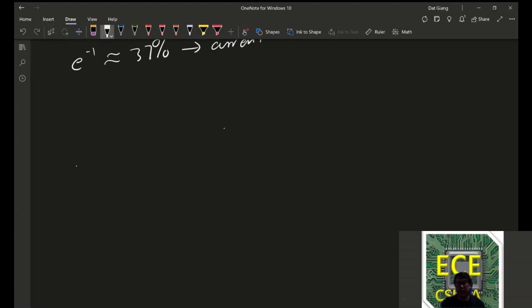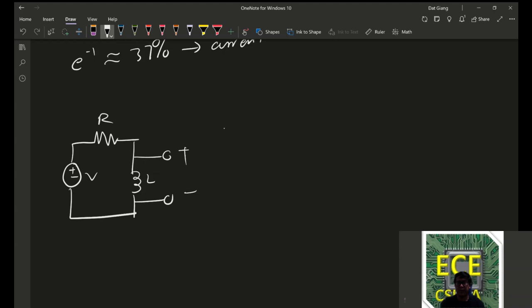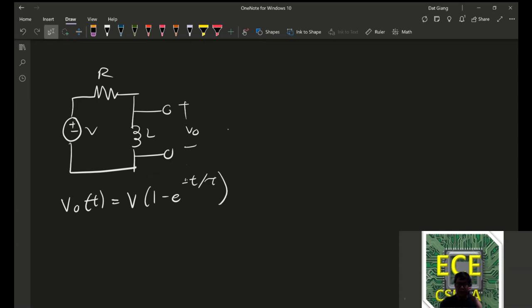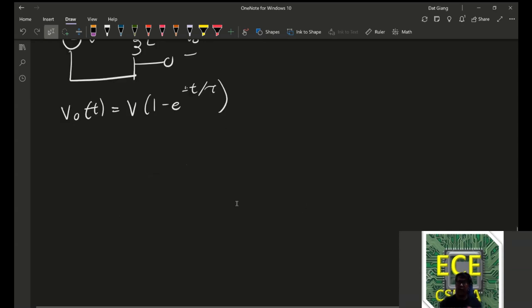The second model is an RL network. So we have a resistor and inductor in series, and we're asked what's the output voltage over here. From here, V out of t is equal to some V1 times 1 minus e to the negative t divided by tau, exactly the same as an RC network, except tau is different.